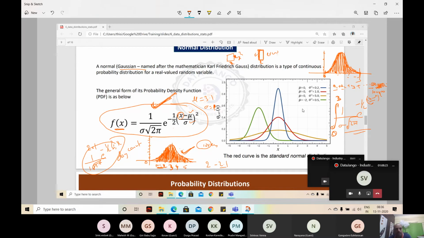Don't be worried. If I have to calculate the probability of getting rain between 2 and 2.1 centimeters, take the same thing: integral from 2 to 2.1 of the same formula, 1 by sigma square root of 2 pi e power minus 1 by 2 times (x minus mu) whole divided by sigma whole square.